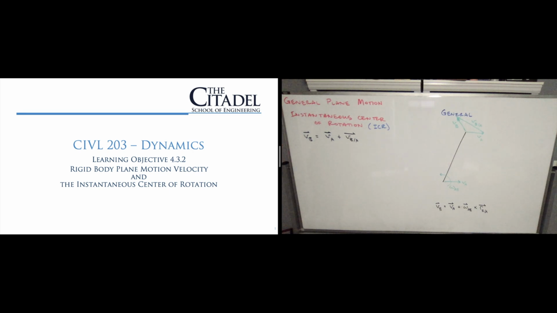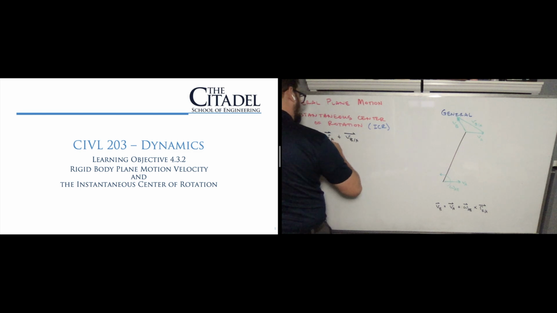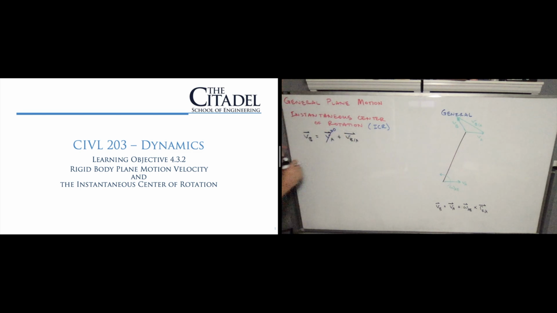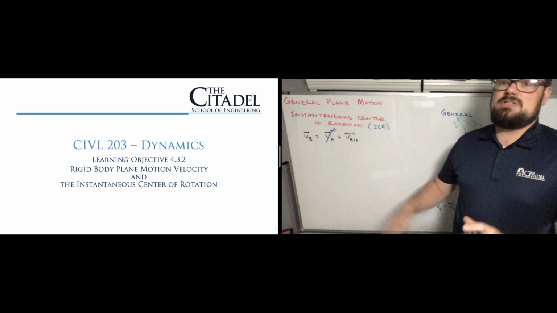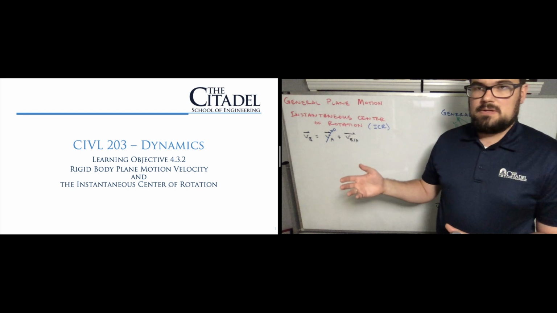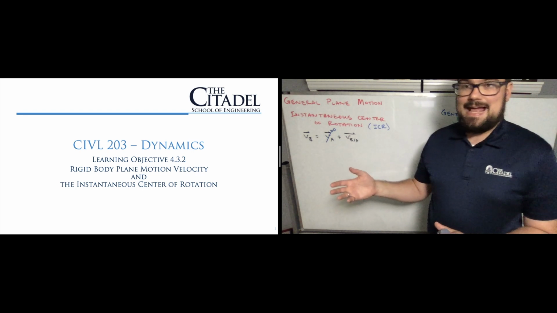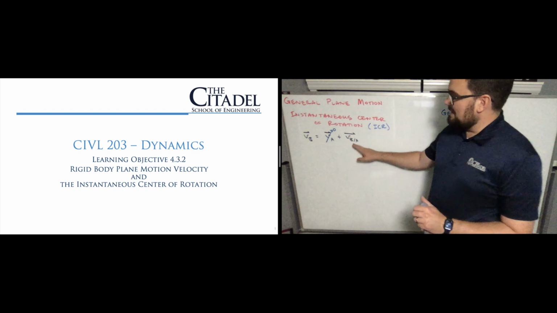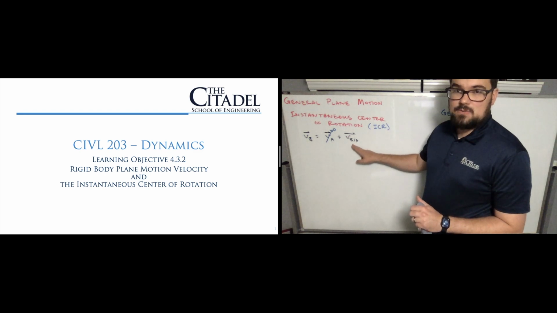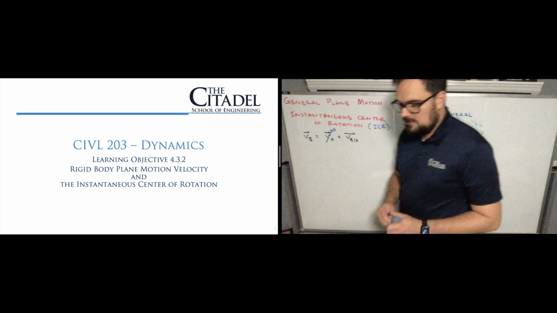And the thought is, what happens if this velocity at A is 0? What would happen is that at that point A, the body seems to be rotating around that point. So for that instant, it's the center of rotation. And then that means that we can just use our fixed axis equations for the rotation component. And so this really simplifies our velocity work.